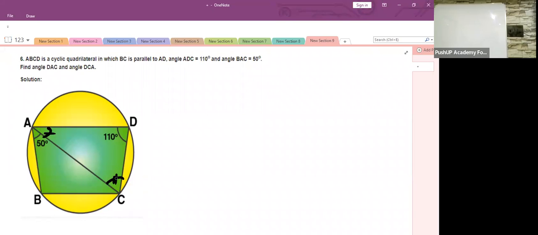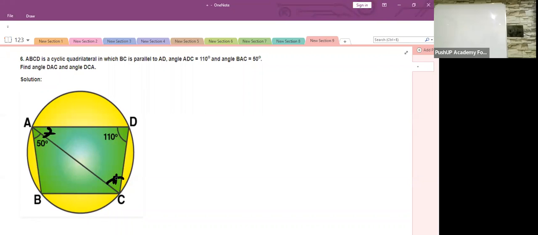Looking at the diagram, what is the first property? Tell me the first property of a cyclic quadrilateral.